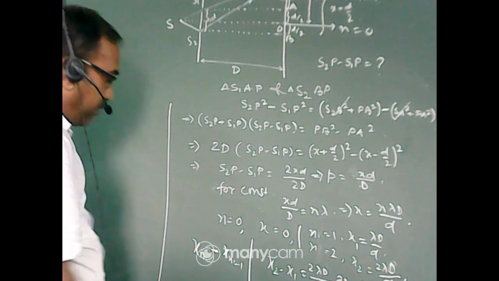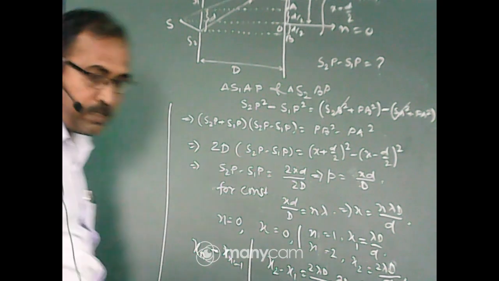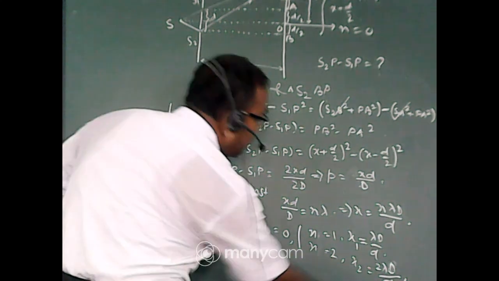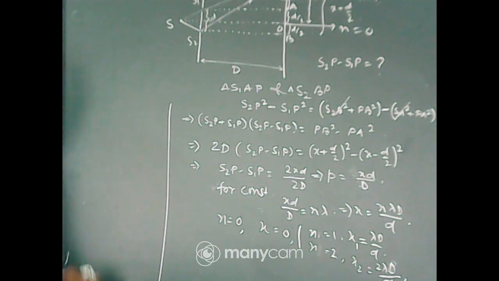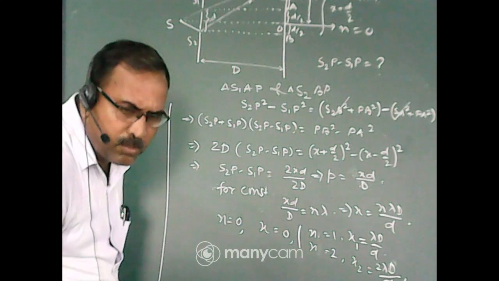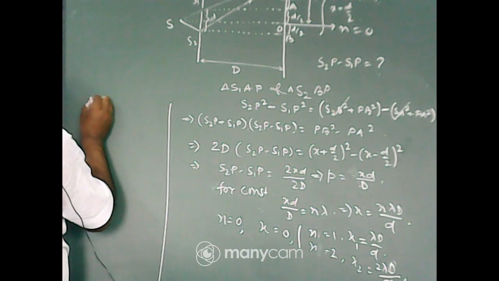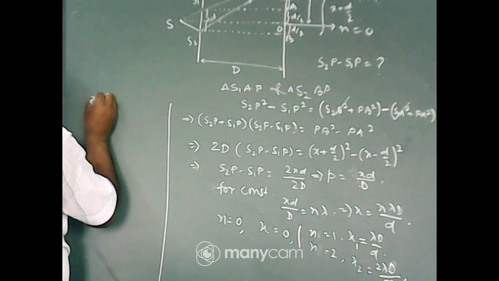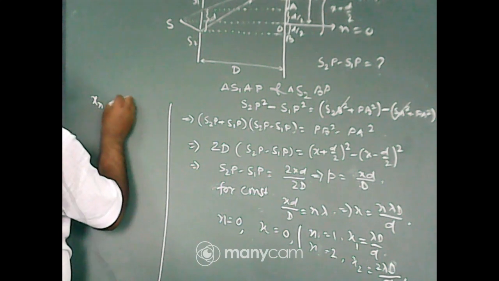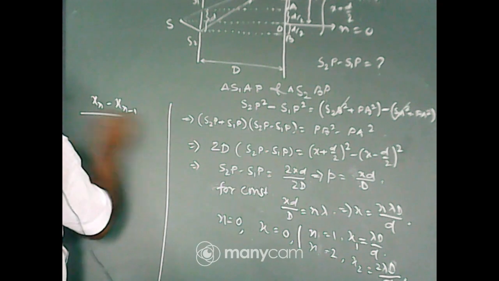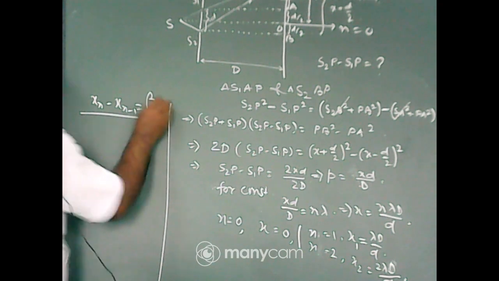You know it. This portion again I rub it, you cannot see it. The fringe width, common word, xn minus x(n minus 1). This is the fringe width.